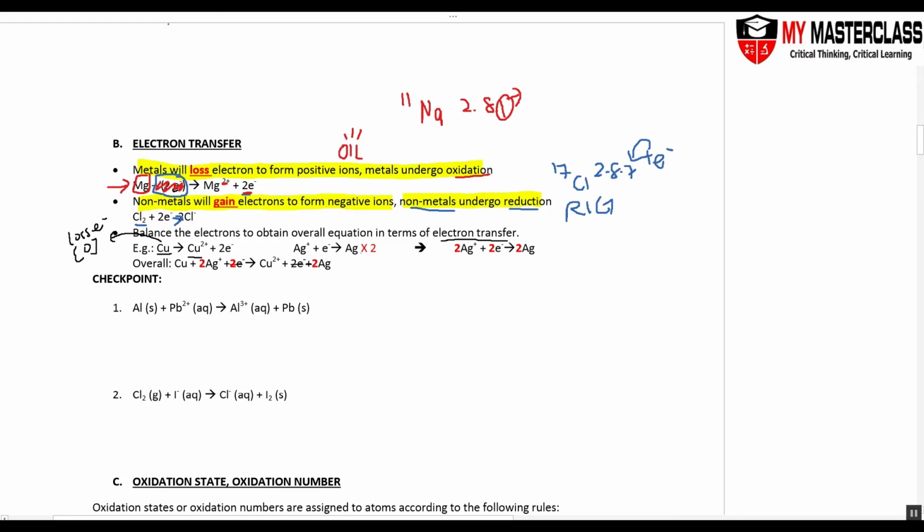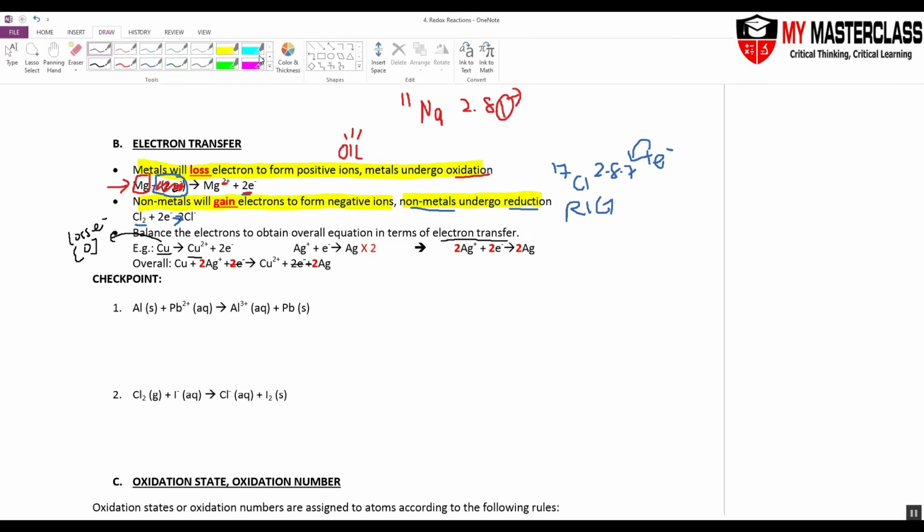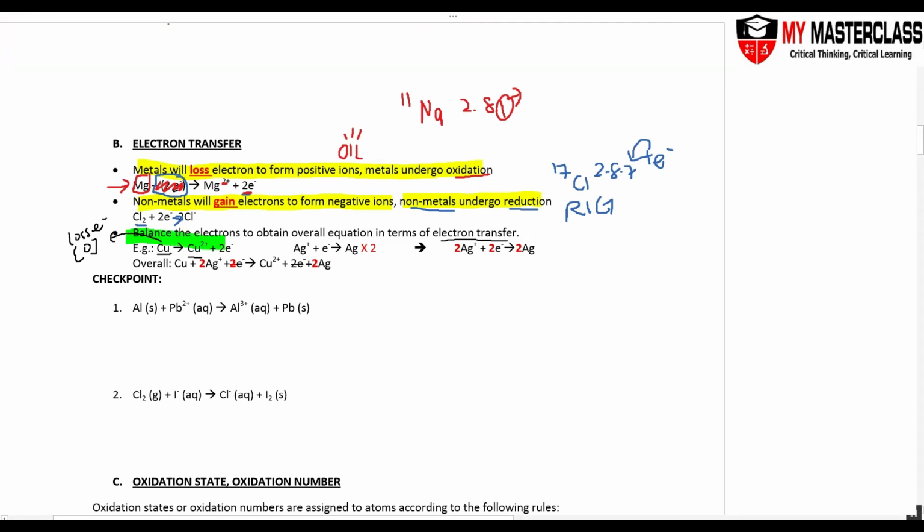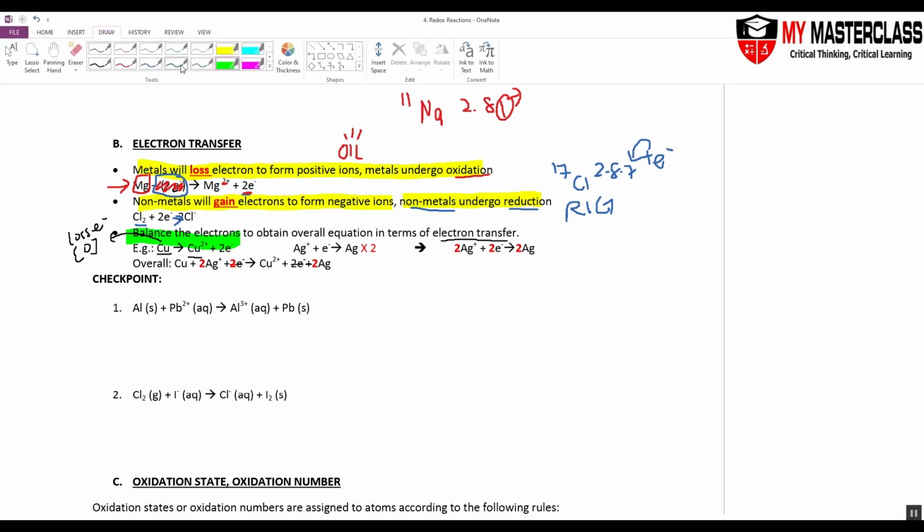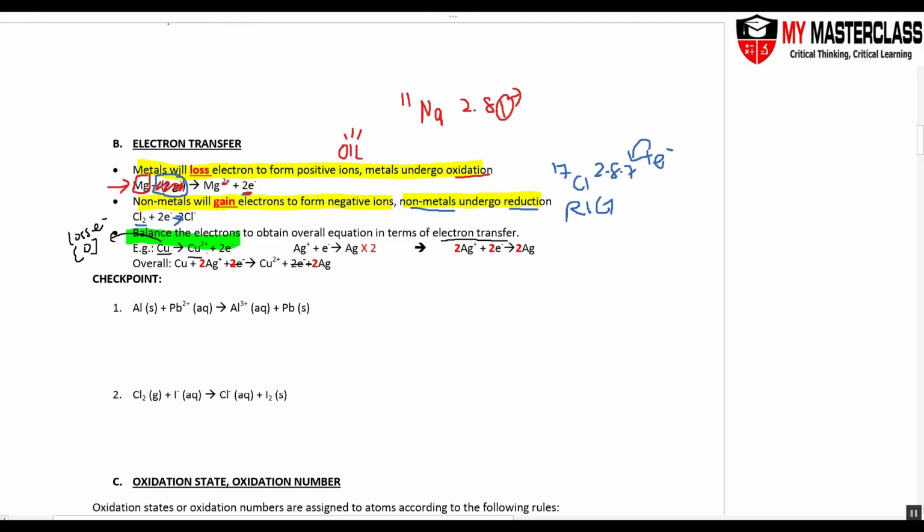Then the silver ions: Ag+ gains an electron to become Ag. We have to balance out the electrons based on your half equations. My copper lost 2, but my silver only gained 1.